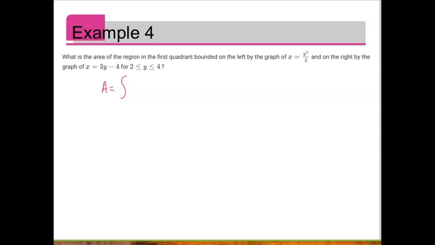Now, which one is on the right? That's a good question. Based on the context of what they're saying, they don't intersect because they tell us which one's on the right and which one's on the left. And if that wasn't consistent, they would say, right?